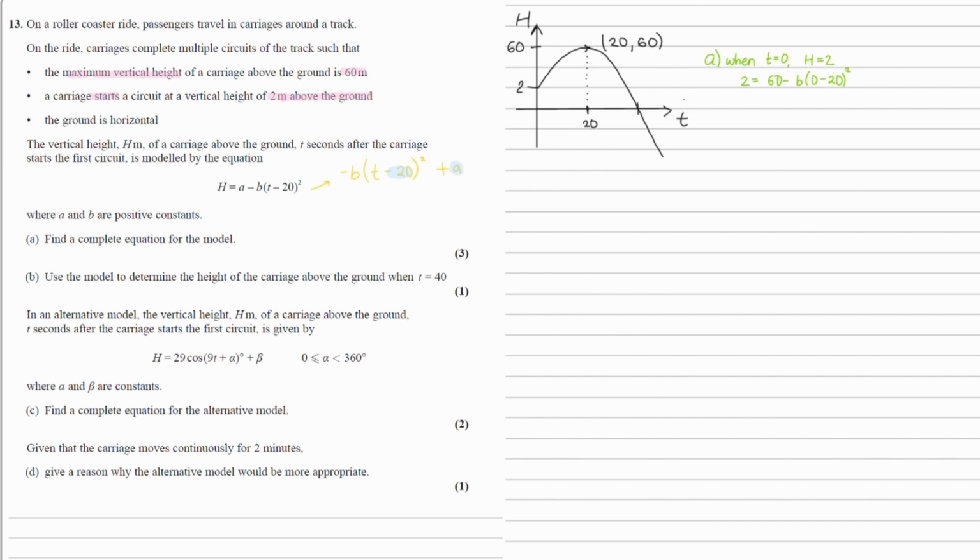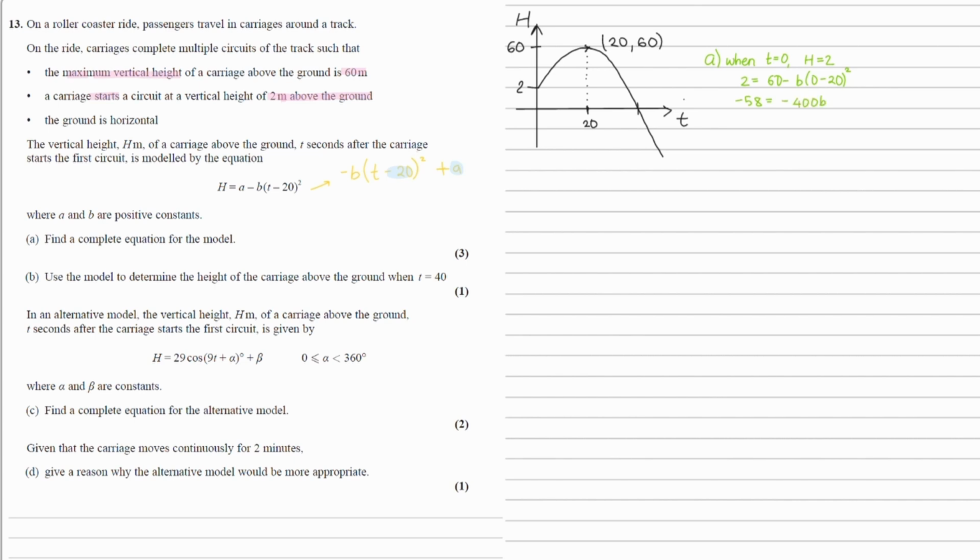If we minus the 60 on both sides, we will have −58 is equal to. We then have 0 take away 20 in the bracket, which is just −20, and −20 squared is 400. So we have −b times 400, which is −400b.